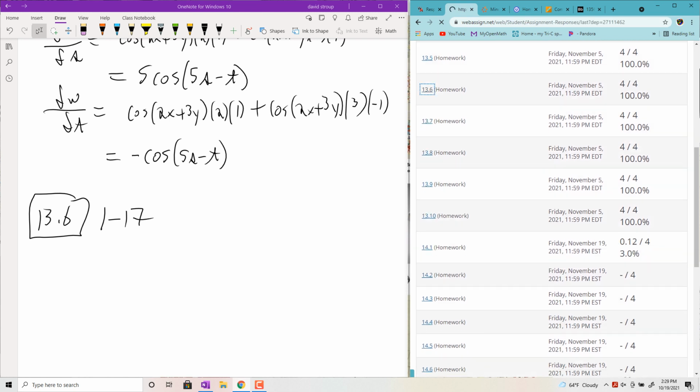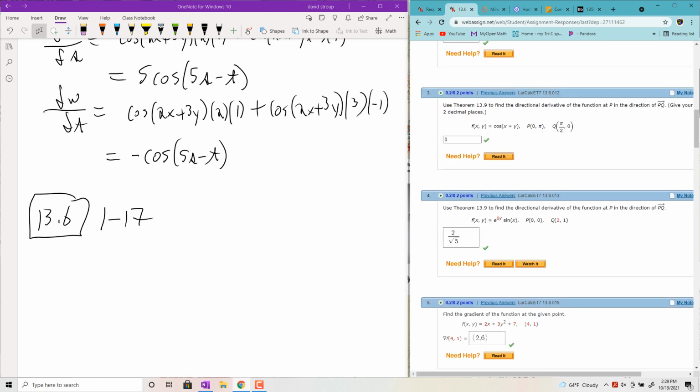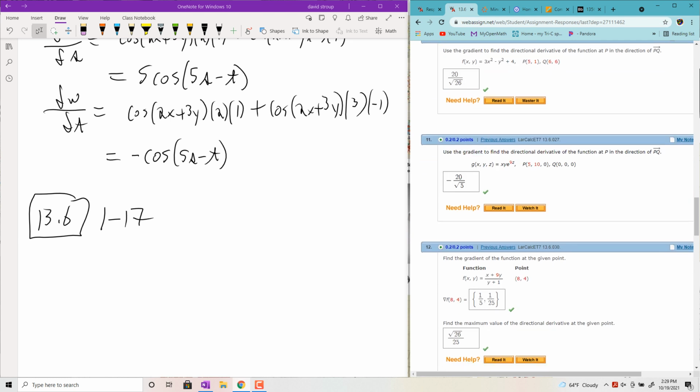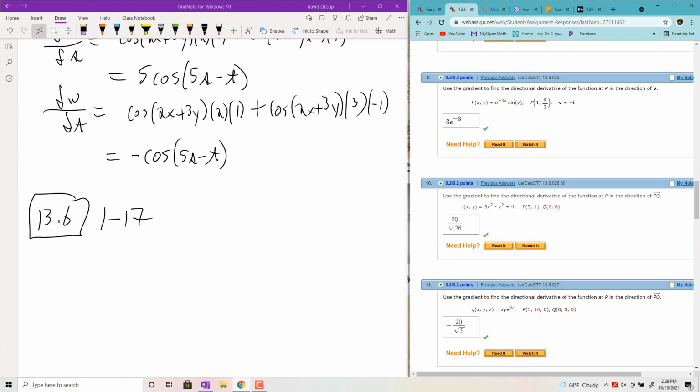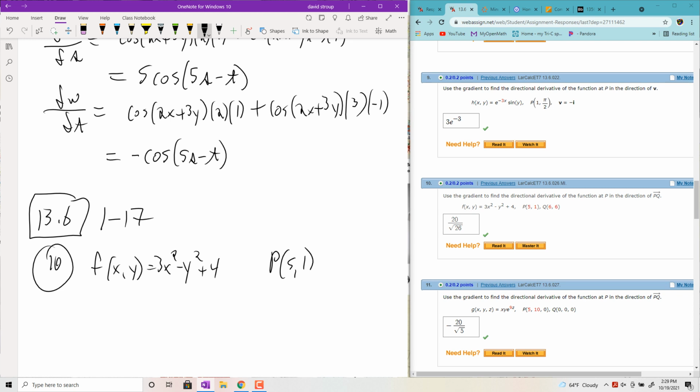Let's look at number 10-ish. So use the gradient to find the directional derivative at P in the direction of PQ. Okay, so f of x, y is 3x squared minus y squared plus 4, P is 5, 1, Q is 6, 6.